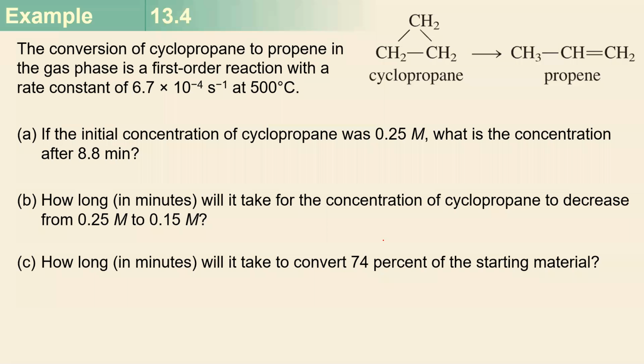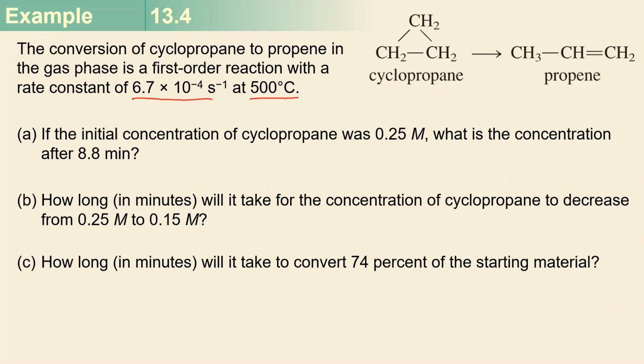So let's do a quick example. Here we have this reaction, cyclopropane converting to propene. We know the rate constant that's given. It gives us a temperature. I mentioned on Wednesday that any rate is very temperature dependent, because it depends on the speed of the molecules and how often they collide with one another. We'll take a better look at that on Monday.